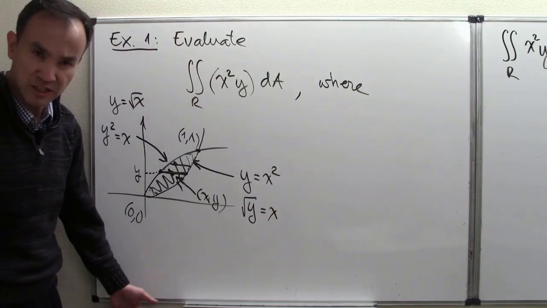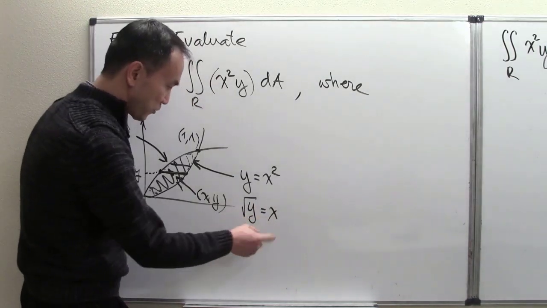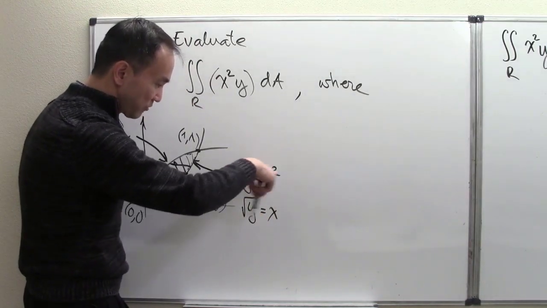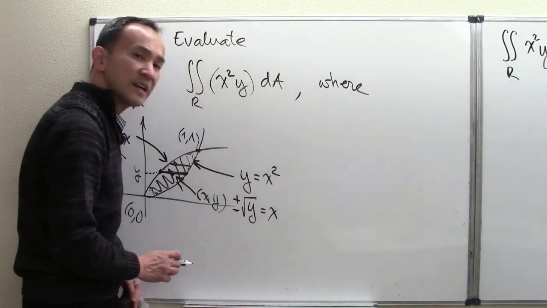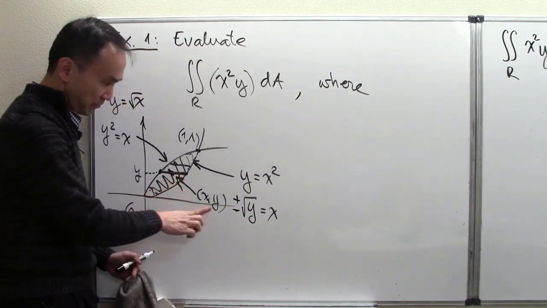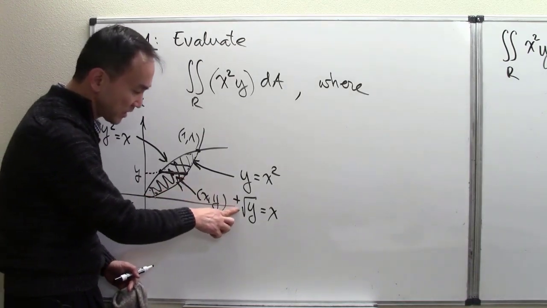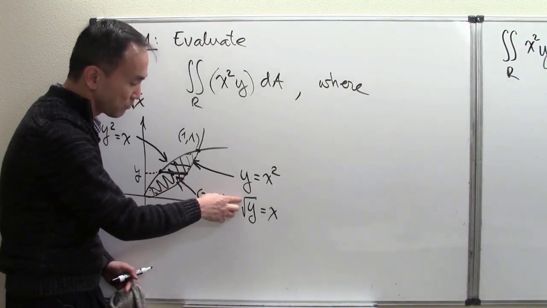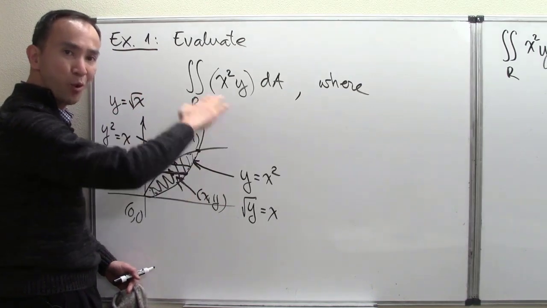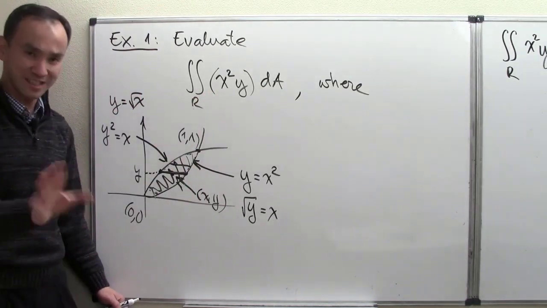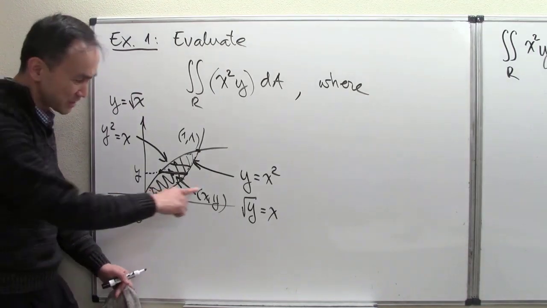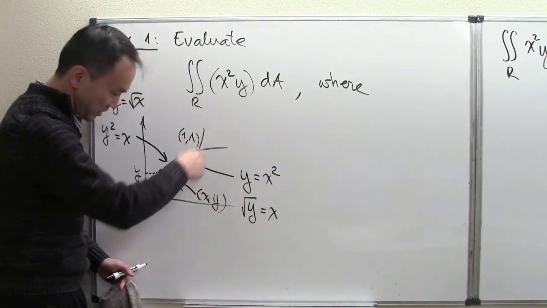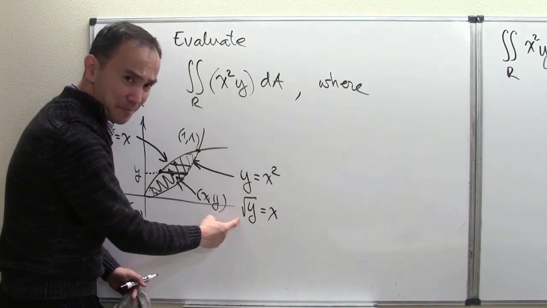Someone may question me: when you take the square root of both sides, don't you get x equals plus and minus square root of y? I agree, but the reason I went straight to the positive one is because we're in the first quadrant. Allow me to save that explanation for a bit later.